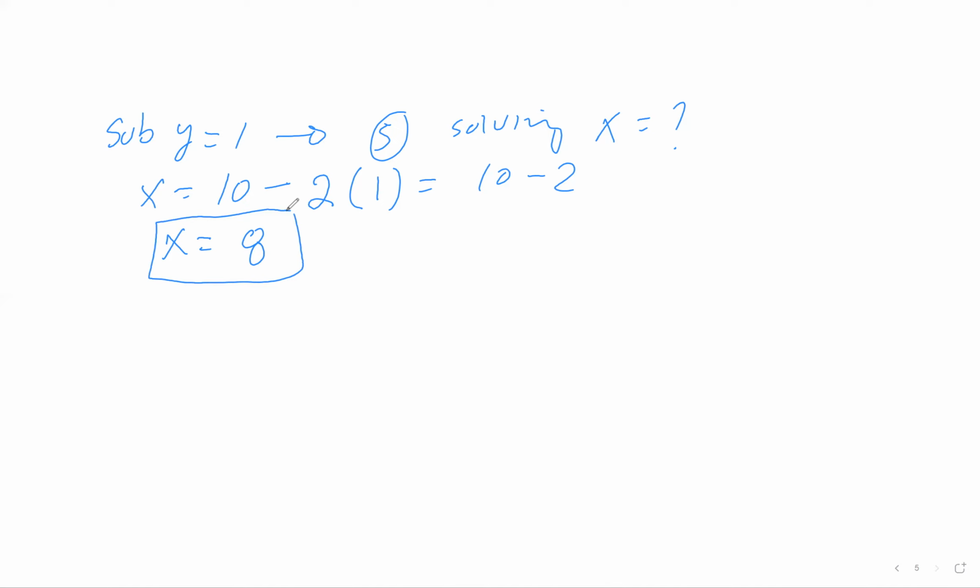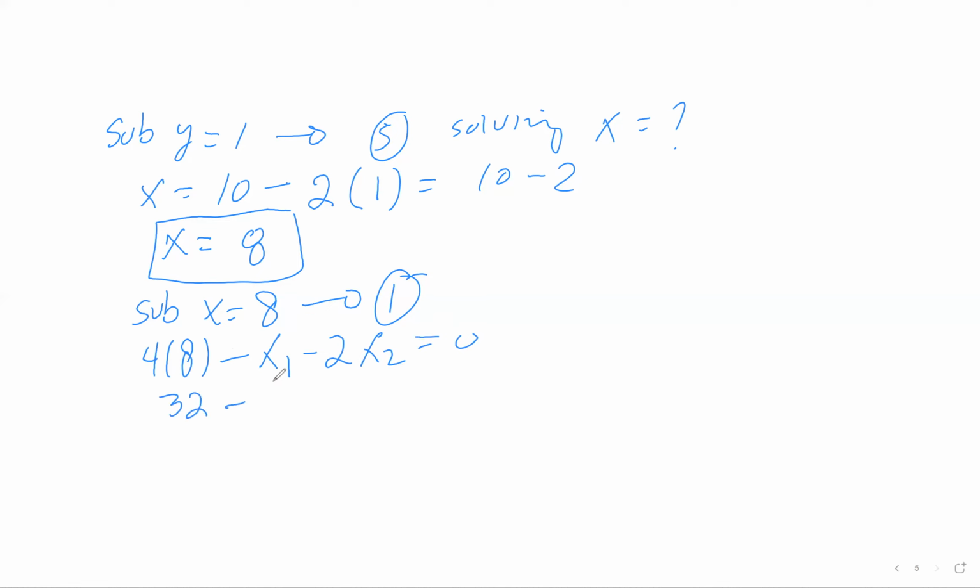And then now we take x is equal to 8, and you sub it into equation 1. So we substitute x is equal to 8 into equation number 1. We have 4x, 4 times 8, and then we have minus lambda 1, minus 2 lambda 2, and that is equal to 0. So we have 4 times 8 is 32, and minus lambda 1, minus 2 lambda 2, equal to 0.